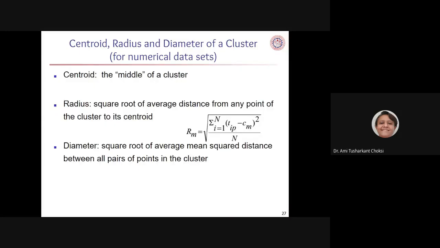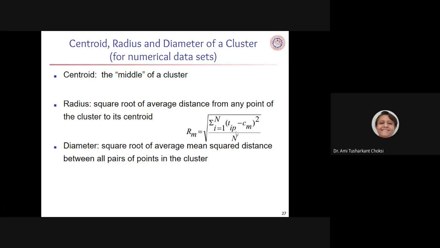So, centroid, radius and diameter of a cluster. Centroid is the middle of a cluster. Radius is the square root of the average distance from any point of the cluster to its centroid.